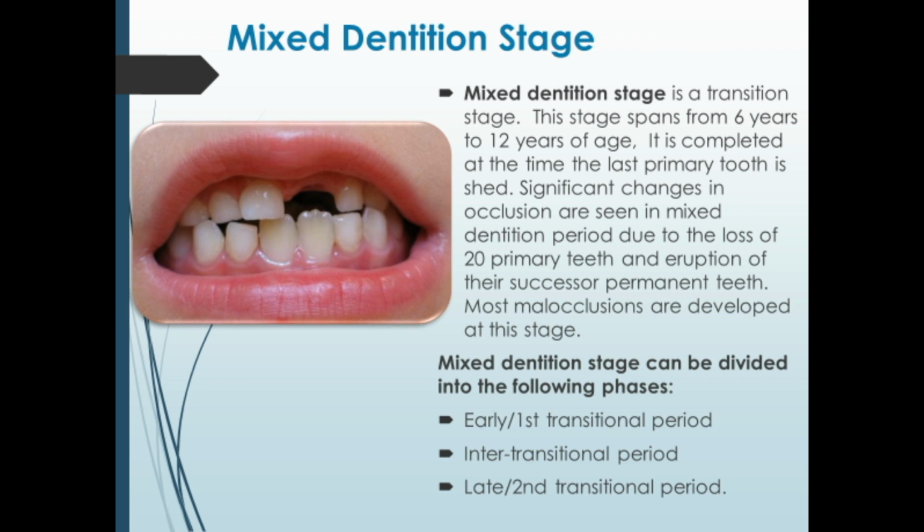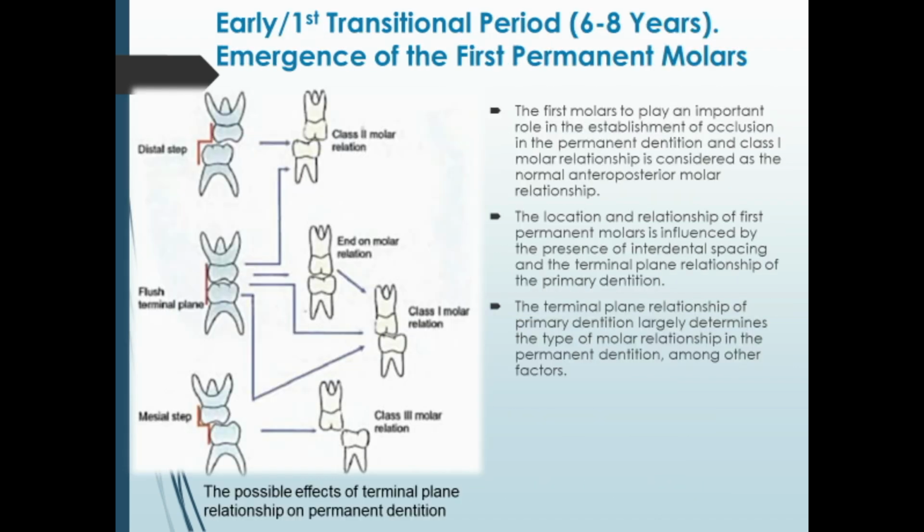Mixed dentition stage can be divided into the following phases. First, early transitional period; second, inter-transitional period; third, late transitional period. Early transitional period from 6 till 8 years.